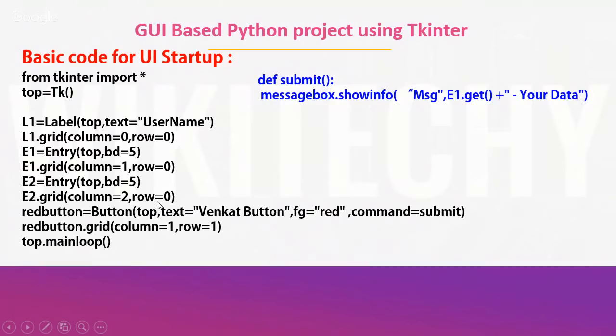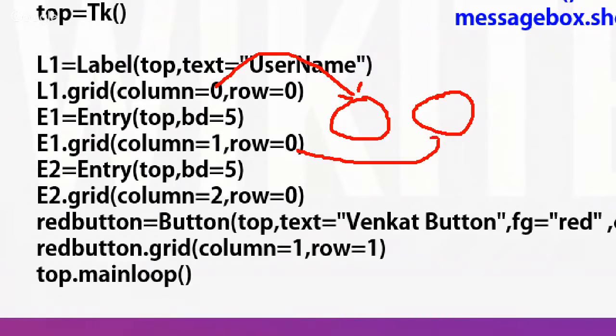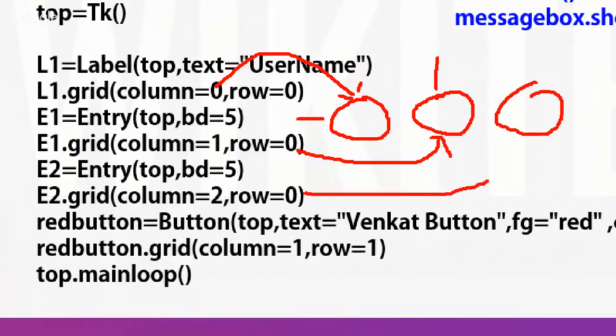It shows that you'll be having the code like this. I got a label at 0 comma 0, followed by a text box, an entry, which is 1 comma 0, and I need another entry, a text box, with a 2 comma 0, and afterwards 1 comma 1 indicates there is a button here.